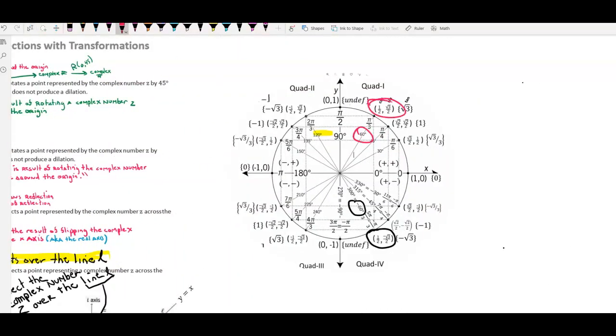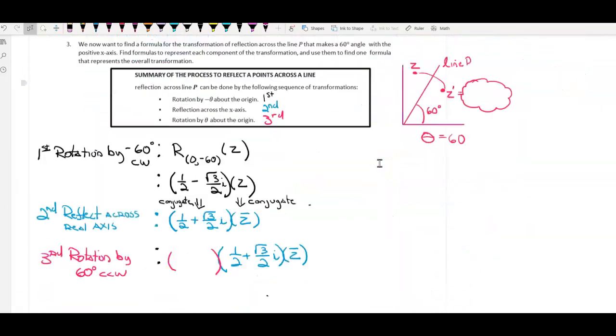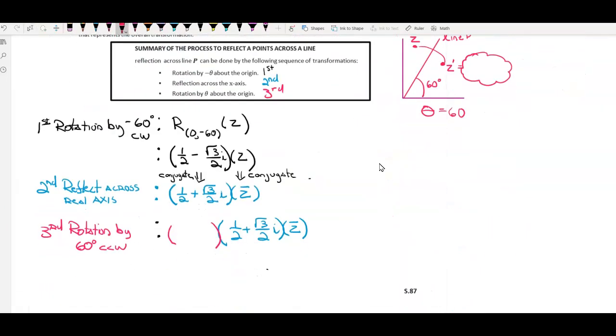So I'm going to use those two numbers. All right. So here we go. This would be 1/2 plus root 3 over 2i.